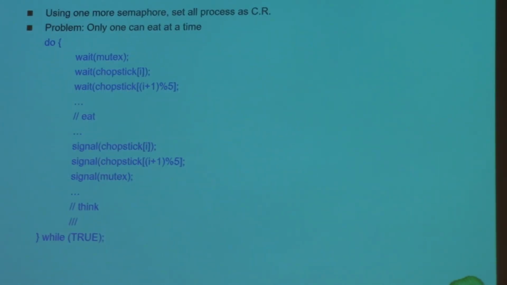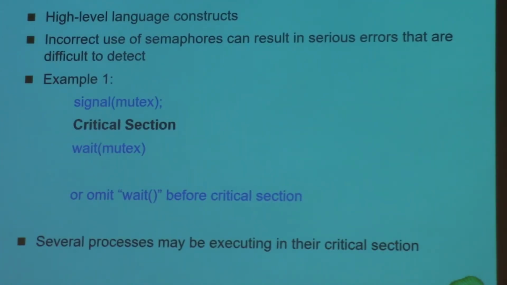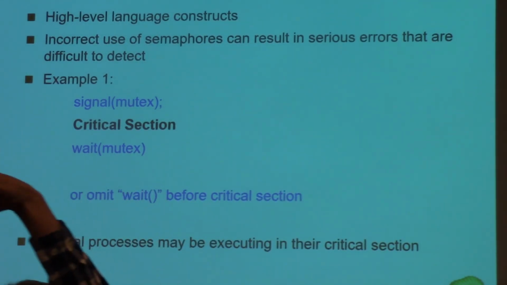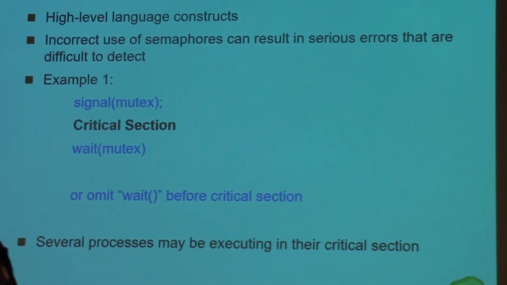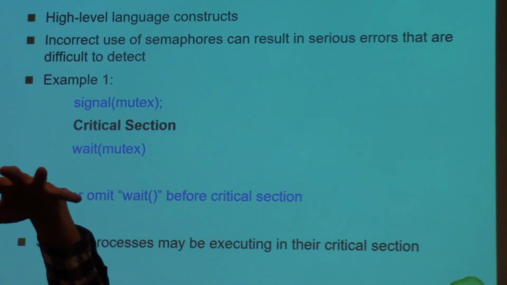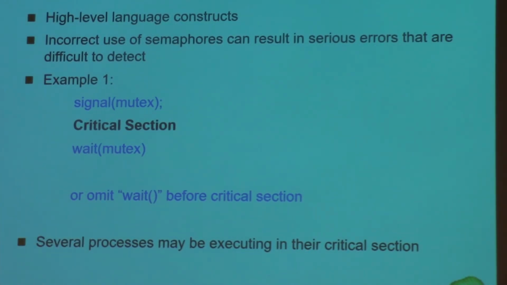If we need to solve the critical section problem, we need to code all of this. It's complicated. So we put all this functionality into a new data structure called the monitor. A monitor is a class level, high level data structure to solve the critical section problem. That includes the list of the processes who are waiting.